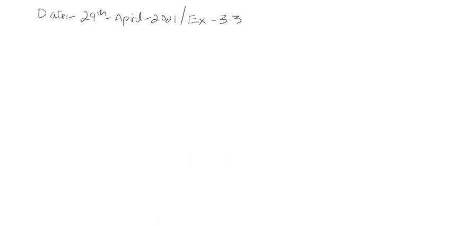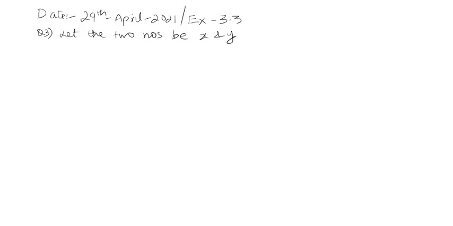So the question is, we have already written exercise 3.3 and we are doing question number 3. For question number 3, because we have to find two numbers, I'll start like this. Let the two numbers be x and y.